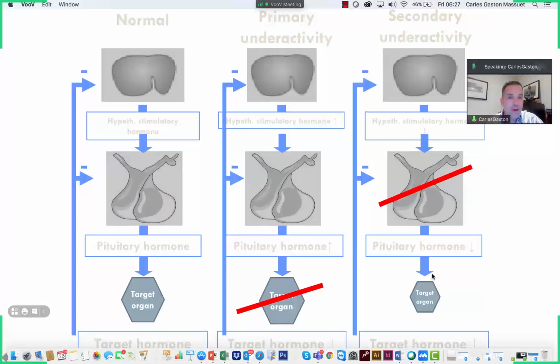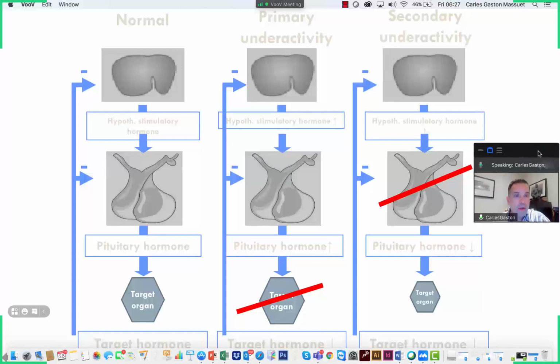Also, the target hormone is not produced because the pituitary cannot signal to the target organ. Obviously the negative feedback loop does not work, but the hypothalamus may be strongly producing that releasing hormone because it wants the pituitary to secrete more, but obviously the pituitary is not working. So at this level, there may be more secretion.